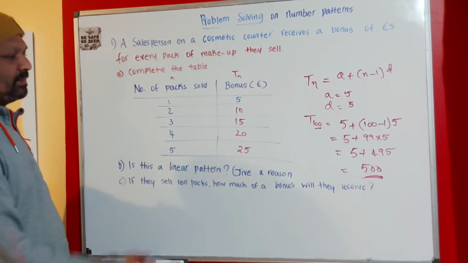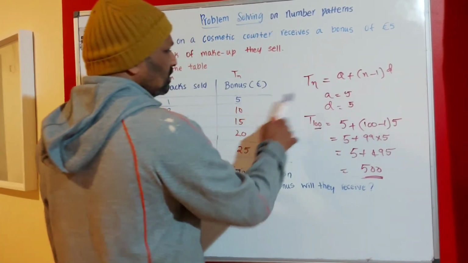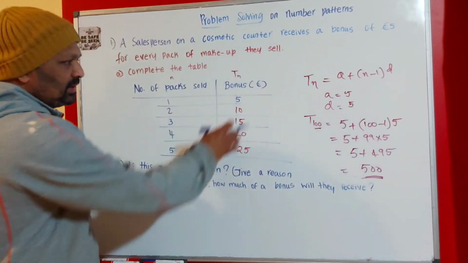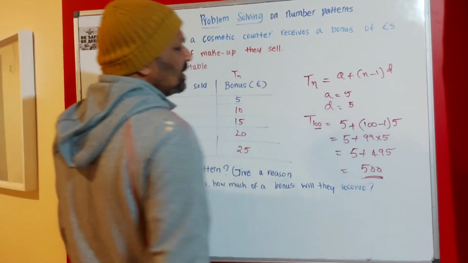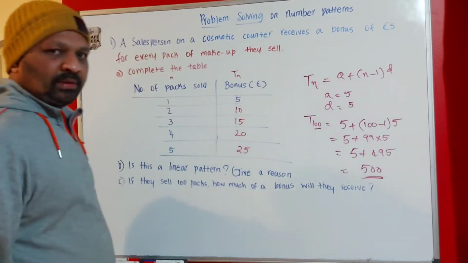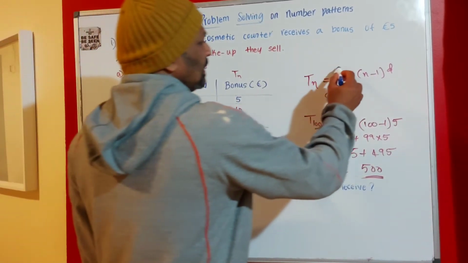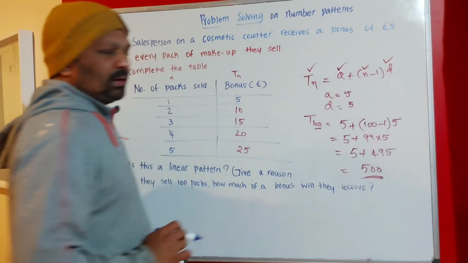Okay, that's simple, right? Only one thing: everybody knows what A is and what D is, given some series or progression, but understanding this n and the Tn is a bit tricky. So what to keep as n, what to keep as Tn. What are the variables here? A is a variable, n is a variable, d is a variable, Tn is a variable.